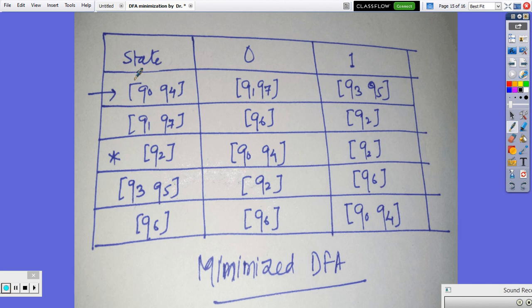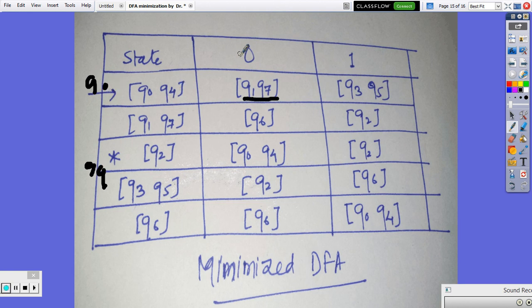You see here. Because Q0 and Q4 are equivalent, we will see the transition of Q0 and Q4, and we will write like this: Q0, Q4 goes to Q1, Q7. How do I get this? In my main table, I will see the Q0 and Q4 rows.